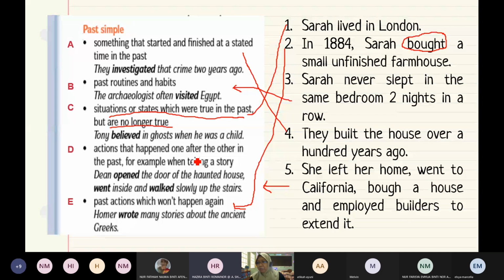Hanis, where are you? Yeah, teacher. Which one is the verb? For sentence number 5. Number 5, which one is the verb? Which one is kata kerja for sentence number 5?